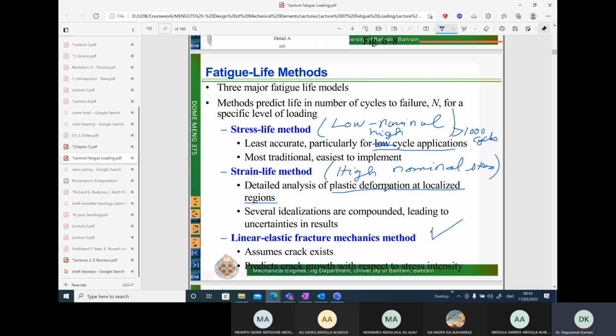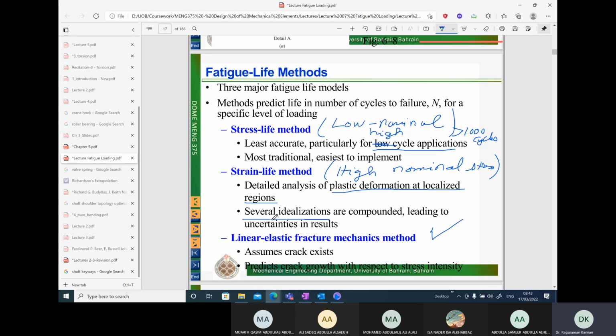You don't have plastic deformation in the entire component or entire cross section of the component. Rather, we may have it at localized points. So in those cases, we use the strain life method because it is more accurate, and still we will have several assumptions in the strain life method, just like the stress life method, and therefore we cannot be too sure of it.